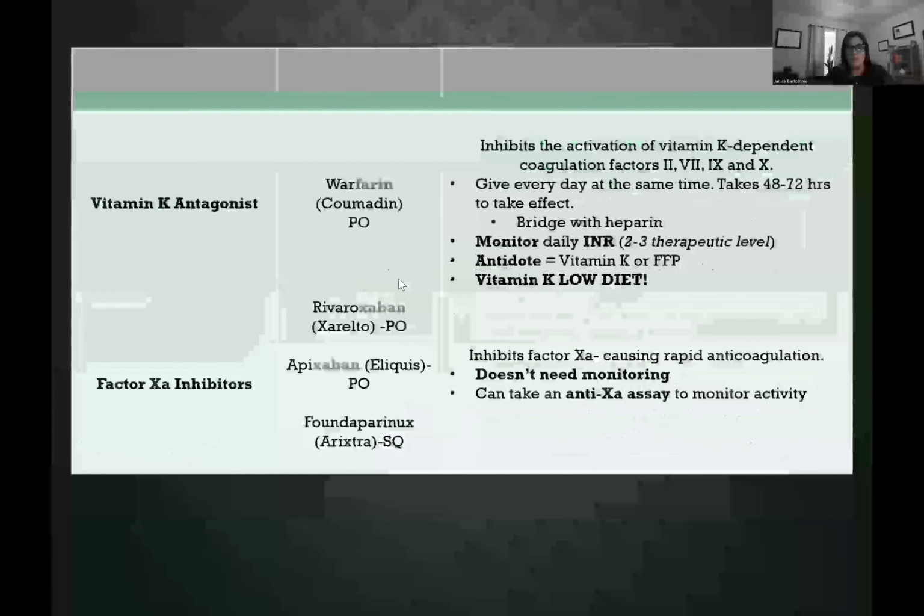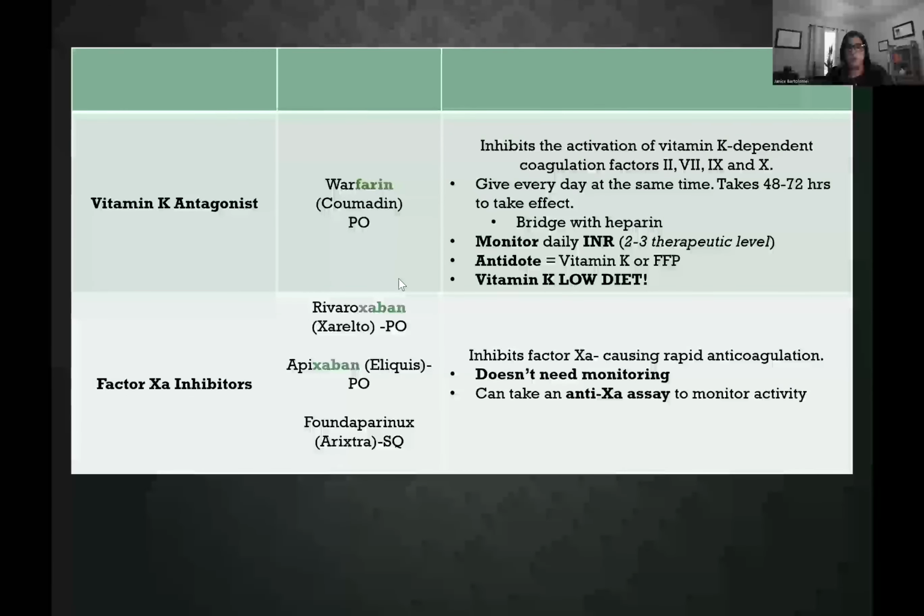Now, the next classification is your vitamin K antagonist. This is your warfarin. It's given PO only. It inhibits the activation of vitamin K dependent coagulation factors, your 2, your 7, your 9, and your 10. It does require almost daily INR checks to get to a therapeutic level of 2 to 3.